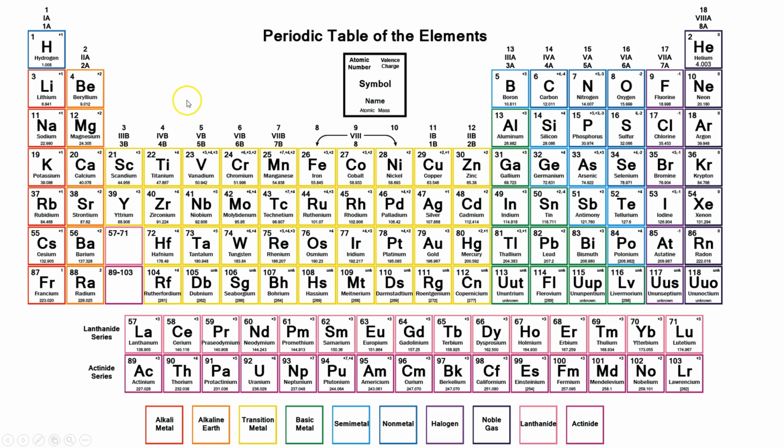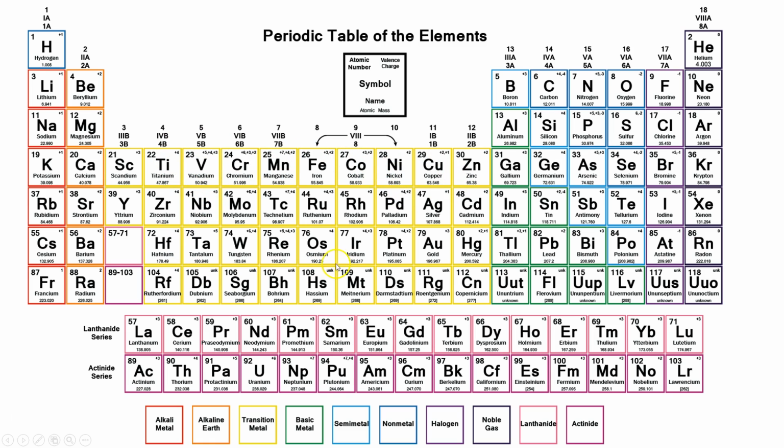What you need to consider when naming is the charges that elements can take on in their ionic form. Elements from this group have a charge of +1, and elements from group 2 have a charge of +2. Here in the middle we have transition metals.